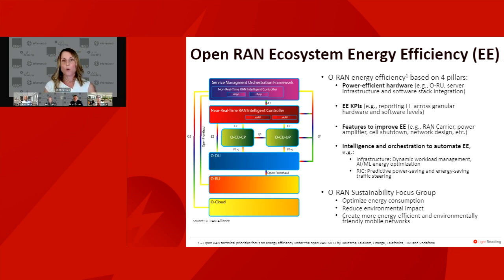In today's panel, we're going to touch on many of these pillars and discuss design and architecture, power efficient operation, intelligence, and also guiding principles that are going to help people get towards carbon neutrality.